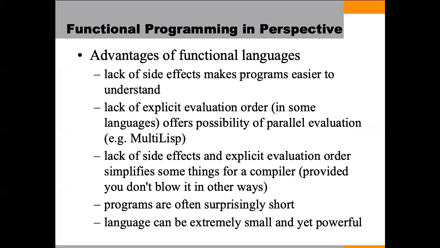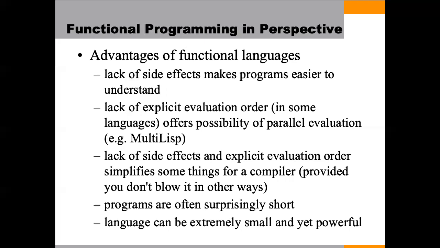Okay, I would argue though that, as you saw, in order to simulate side effects, you have to create continuation arguments. And that's not particularly a nice sight either. So I take a little bit of an issue with that, but it's still an argument that advocates of functional languages make. Lack of side effects make programs easier to understand.